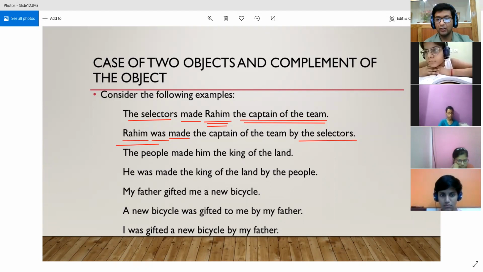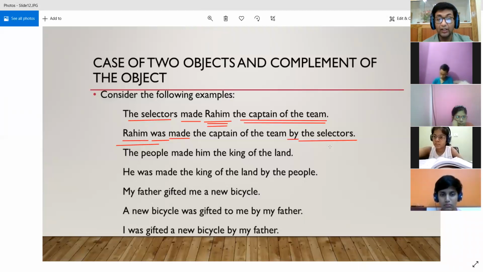So now the object has been used and by has been placed before the object in the passive voice, right? So Rahim was made the captain of the team by the selectors. So this was the case where something extra has been told to us about the object, that is the complement of the object. Now we will see another example about the complement only.